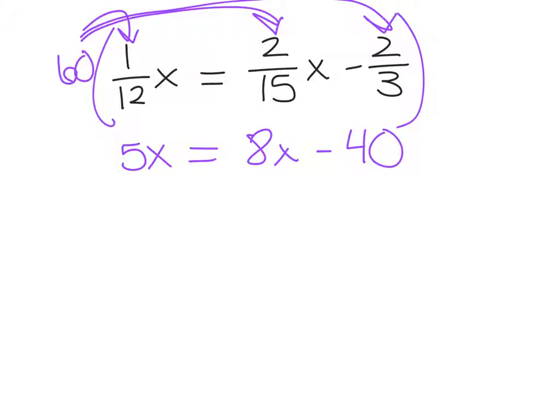Now, I don't know about you, but that purple equation, which is equivalent to the black one, looks way easier to solve. So let's work with it. First thing I need to do, get x all by itself. That's the ultimate goal.